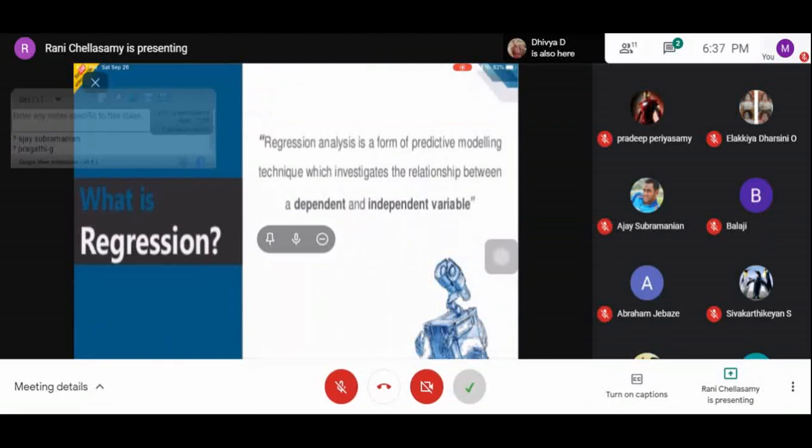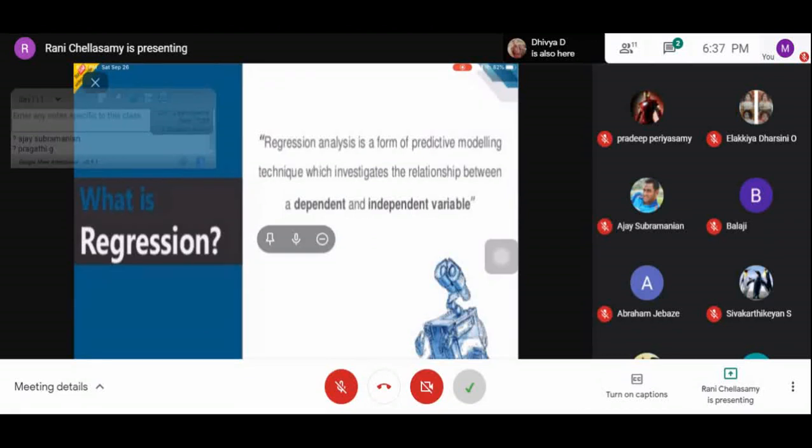It is nothing but prediction, which investigates the relationship between the dependent variable and the independent variable. Regression is all about prediction based on the relationship between the two variables, that is, the independent and dependent variable.